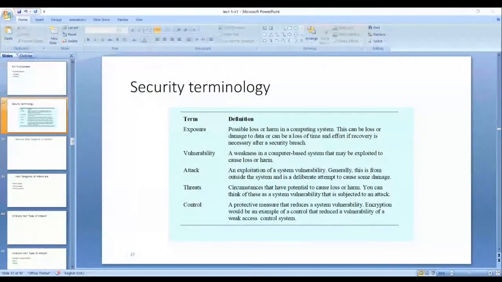Stuxnet does the same: it shows a fake interface to the administrator that speed is normal, pressure is normal, temperature is normal, but it increases the speed of the motors, rotors, to break the atoms.